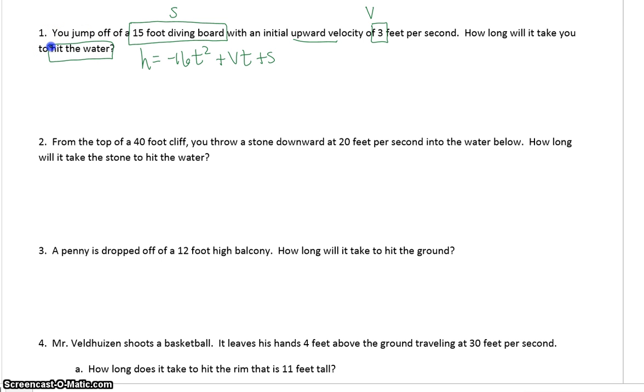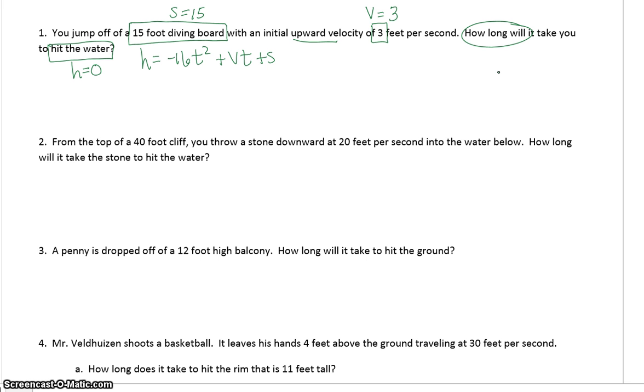If you hit the water, your height from the water is going to be 0, so your ending height is 0. I'm going to put some numbers in here. We don't know what t is, but it's asking how long will it take you, which means you are solving for t. You don't know the time.